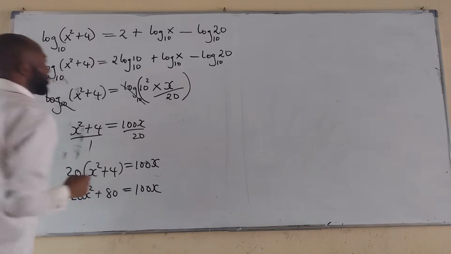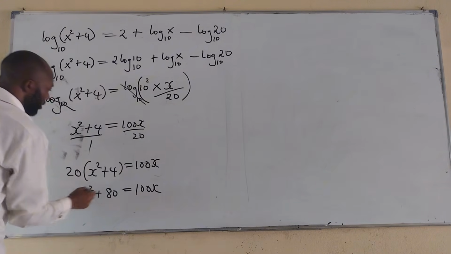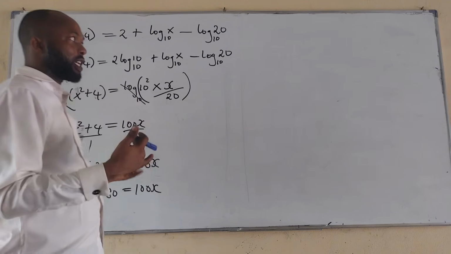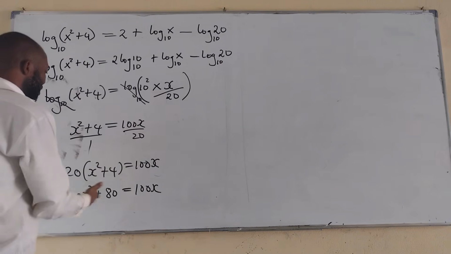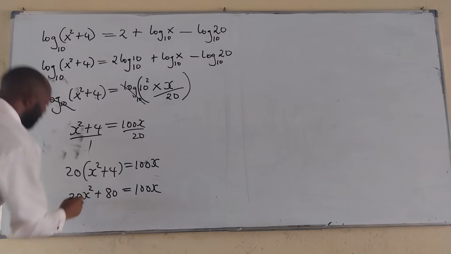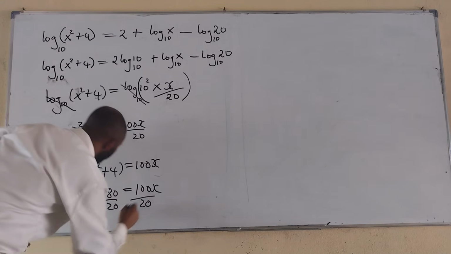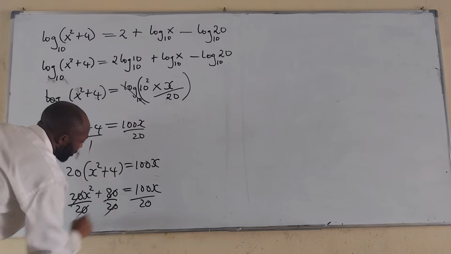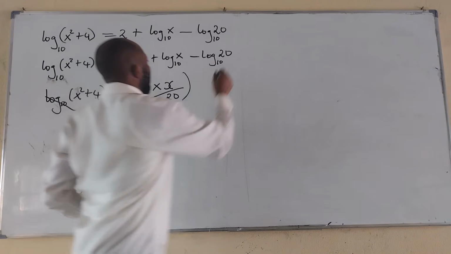Now from here, if you see this equation very well, you see that we are entering quadratic equation because the power here is 2. But let me see how much I can reduce them. So this is over 20, over 20, over 20. So this goes 1, 4, 5.